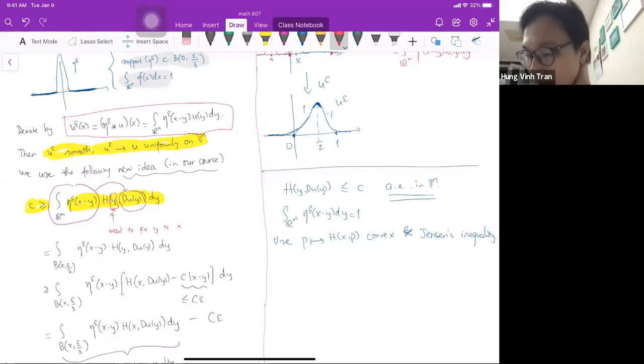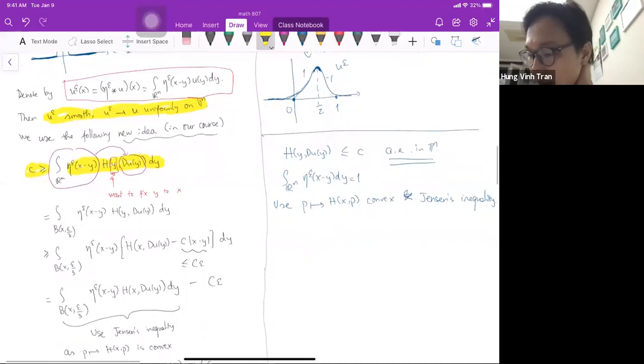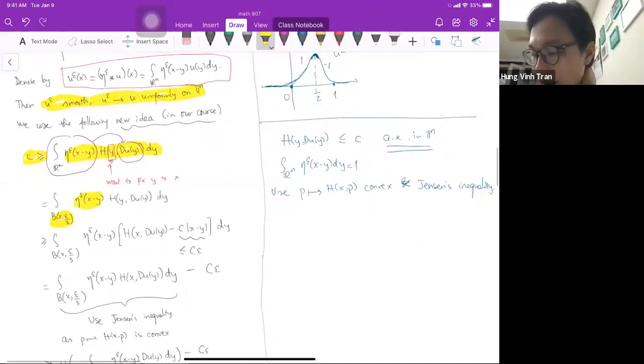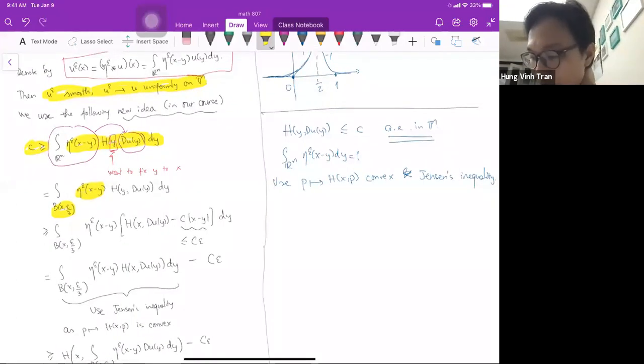So that's the idea. Now I recall that the support of eta epsilon of x minus y is just the ball of center x, radius epsilon over 3. So I'm rewriting the integral like that. And then, as I promised, I'm changing the slot y here to be the slot x. I'm switching y to x, and I know that my Hamiltonian is Lipschitz in the x variable.